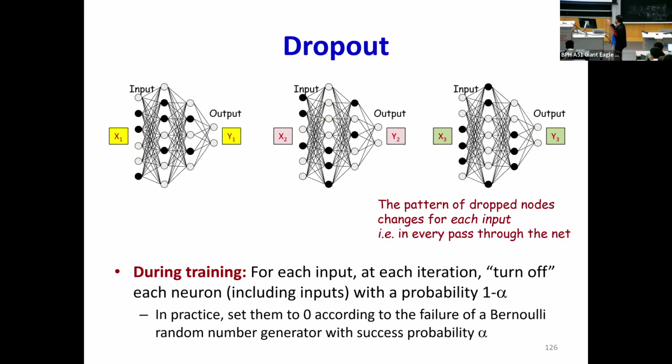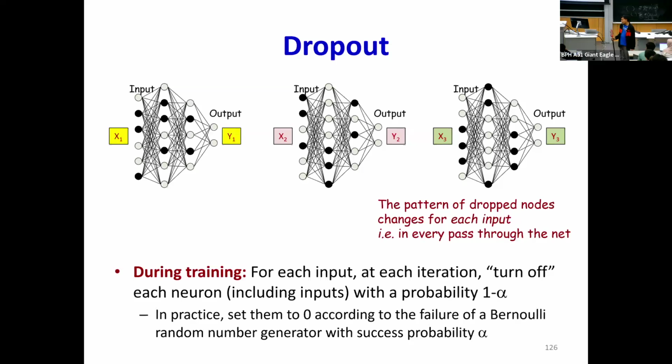So each input is going to see a different network because different neurons are switched off for each input. Moreover, if you went through the training data in epochs, the set of neurons that were switched off when a particular input went through the network could be very different from the set of neurons that were switched off the next time it went through the network.